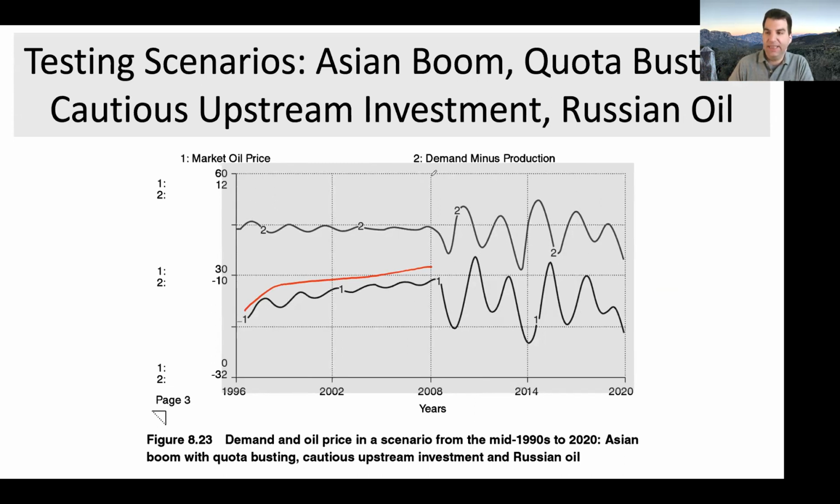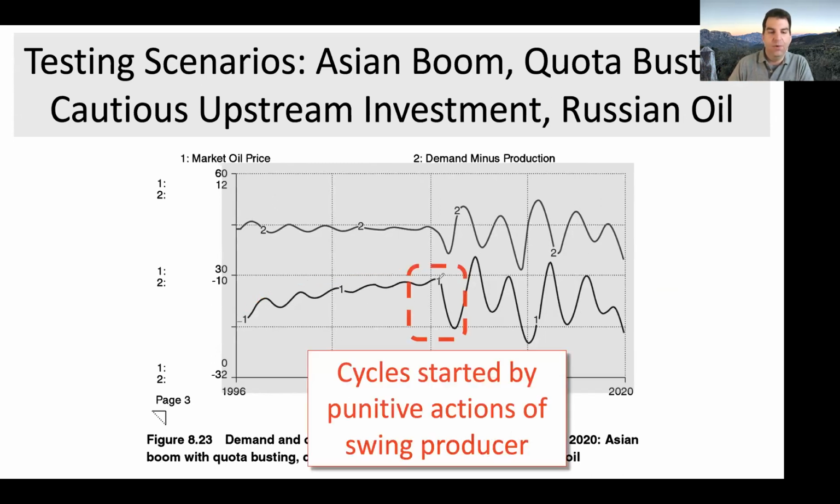And that occurs at this point here when there are punitive actions by the swing producer. So basically what's happening here is we are watching the opportunists take advantage of the current situation, but then at this instant, the swing producer stops tolerating it and starts swinging into punitive mode. And when they punish, that ends up sending the oil price down.